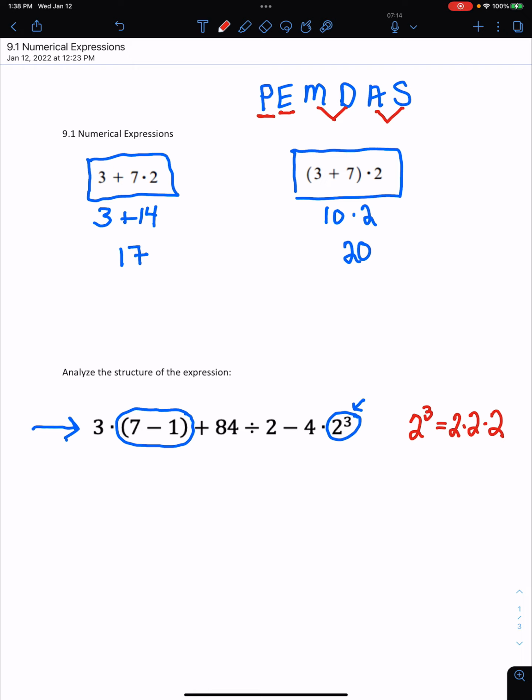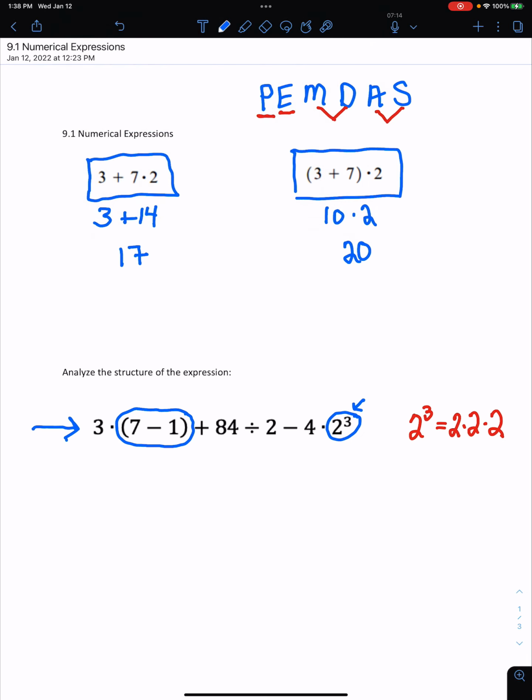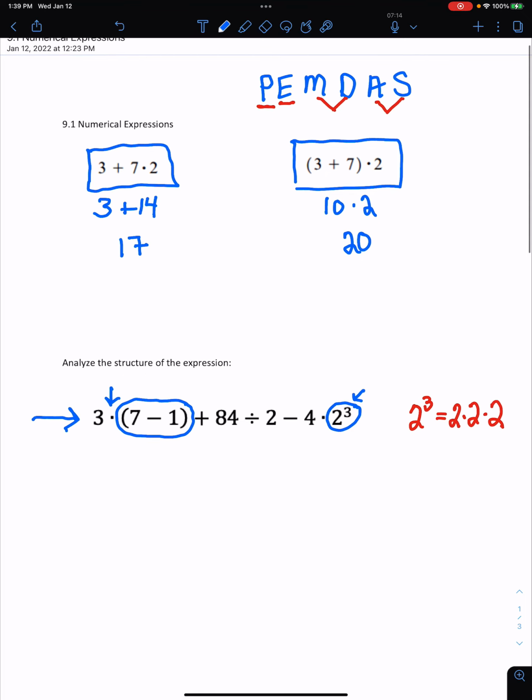After I evaluate the exponents, then I'm going to go back and do multiplication or division in the order that they appear from left to right. So first I'm going to multiply, then I'm going to divide, then I'm going to multiply again.